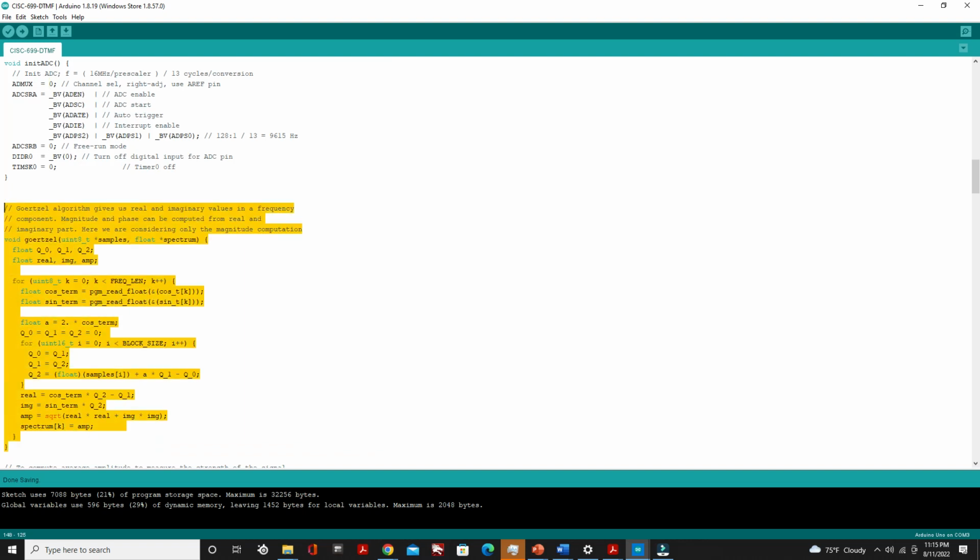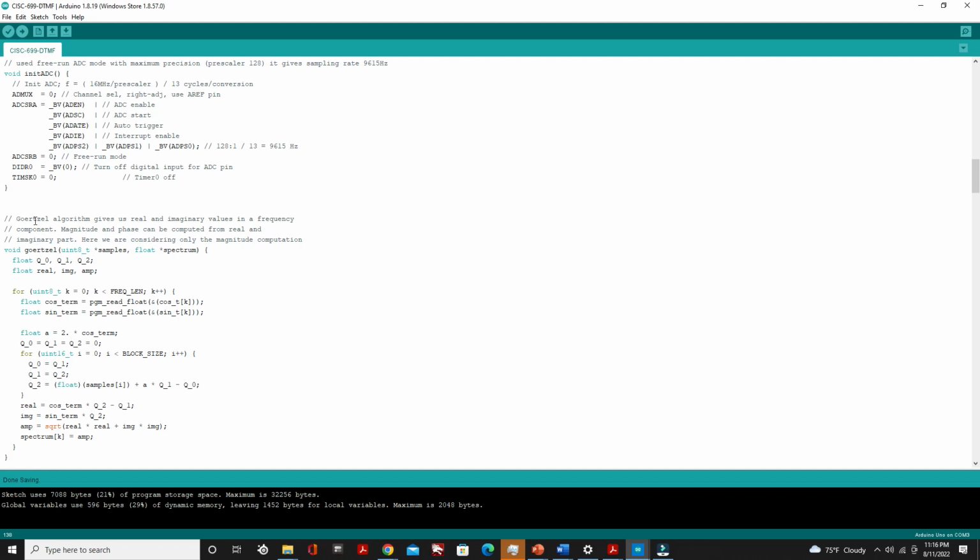This core part is where the actual algorithm detects the magnitude of the frequency components in the spectrum I have captured. With this Goertzel algorithm, we compute the real and imaginary values of a frequency component.